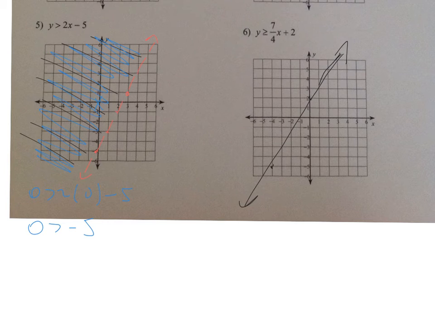And again, I'm predicting greater than. It's going to go up. Now I don't have 0, 0 in that solution set, but I'm going to pick it anyway and see if it makes a false statement. 0 is greater than or equal to 7/4 times 0 plus 2. 0 is greater than or equal to 2. That is a false statement, so you do not want to shade the area with that 0, 0, so we were correct. This is our solution set.